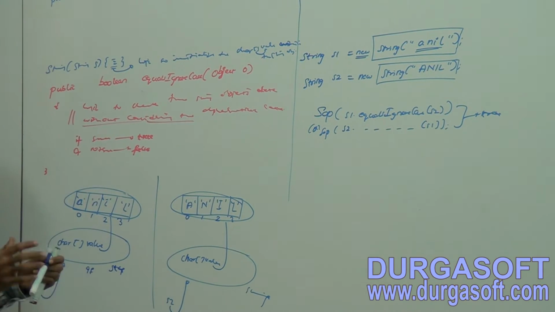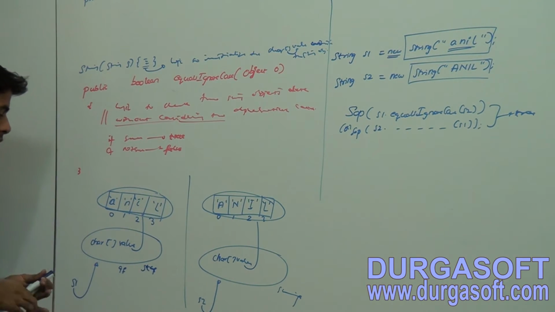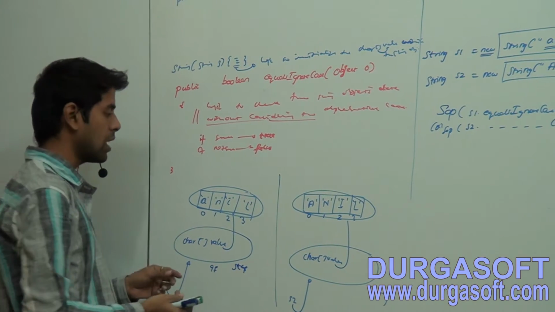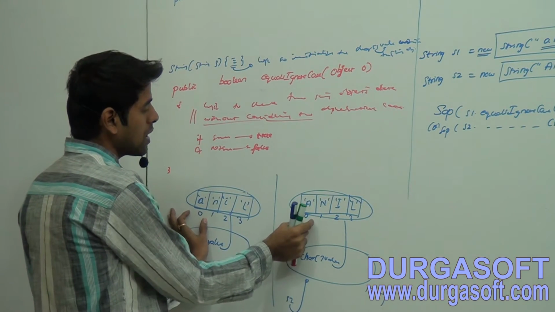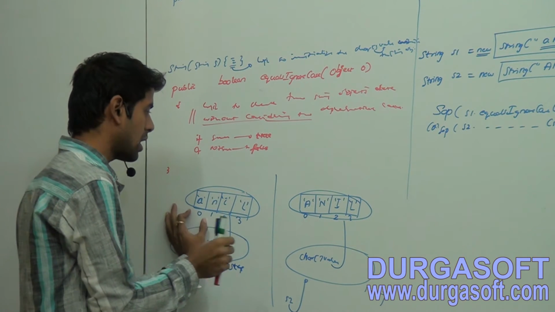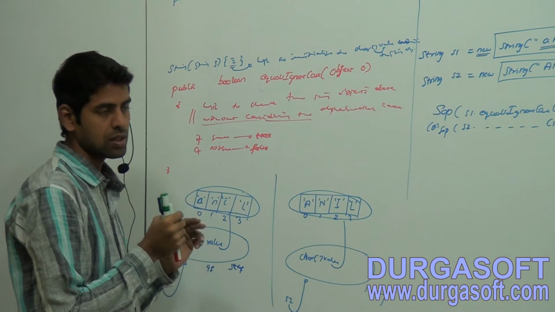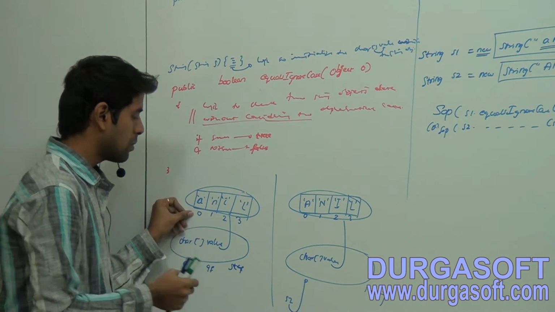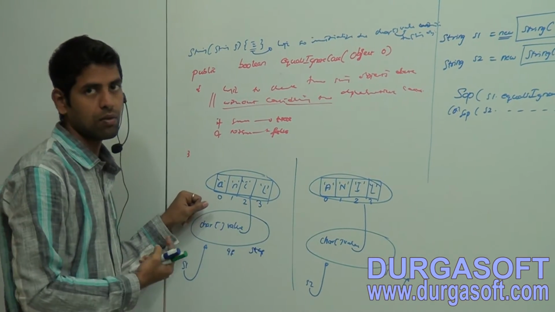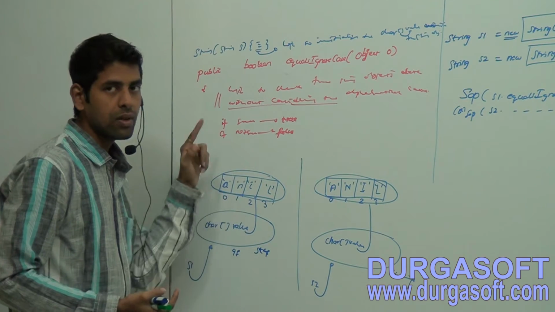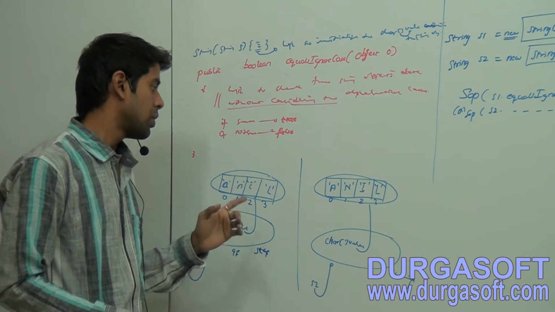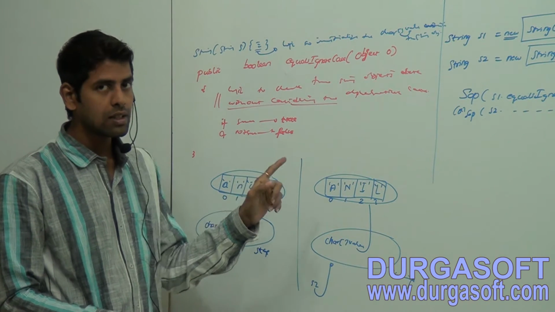Because observe how it checks internally: it will take two string objects and take corresponding indexes. If it takes 0 here, it will take 0 here also. It will compare a and capital A. Of course, both give the same meaning, but internally what is the Unicode value of capital A and small a?